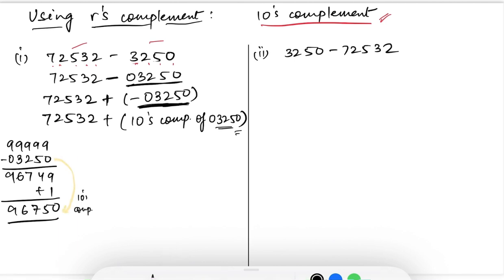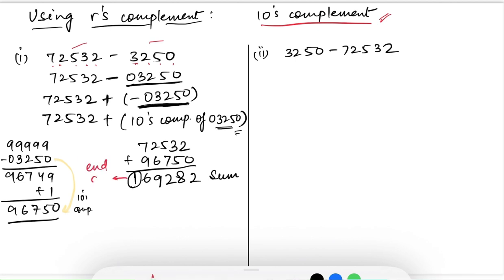Now add both the numbers: 72532 and the tens complement of this number, which is 96750. Add these numbers: 169282. Okay, so this is the sum. Now I can notice that there is an end carry generated.